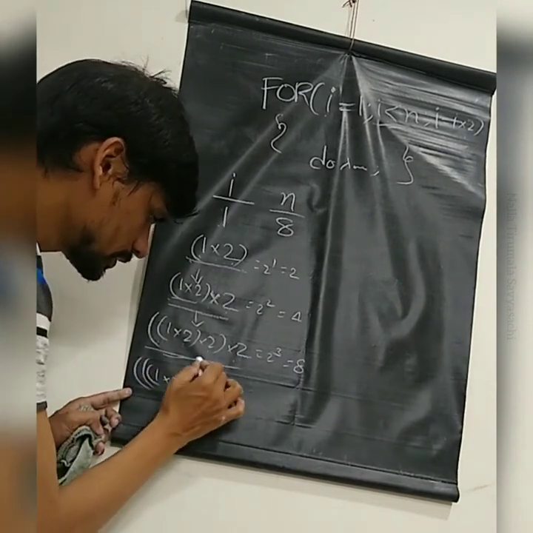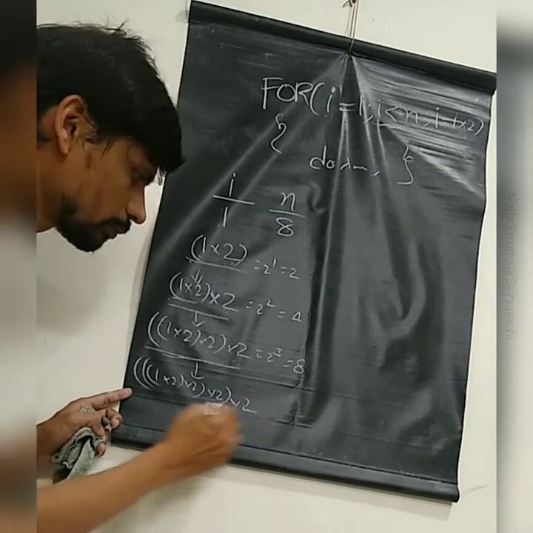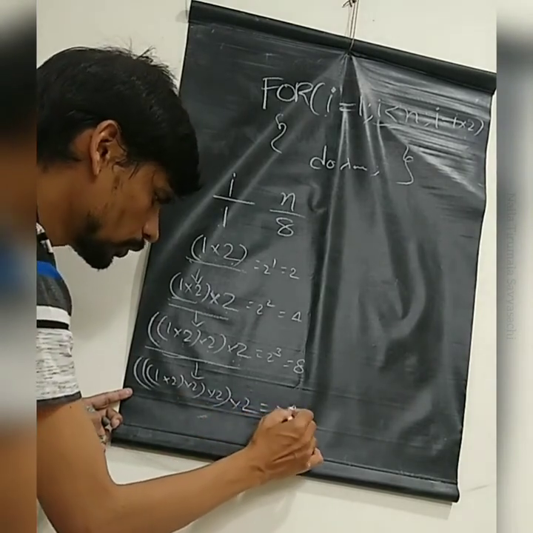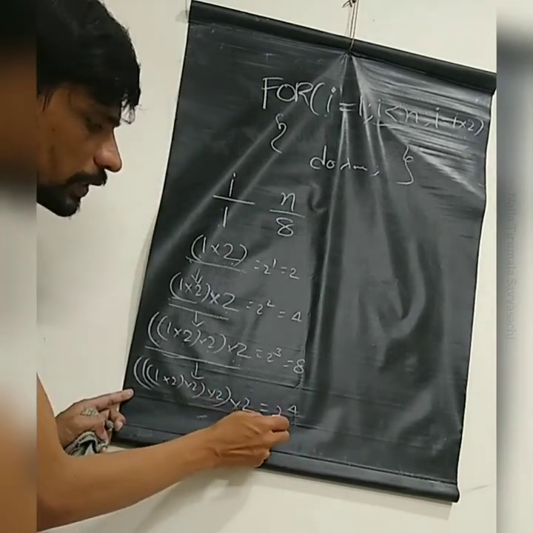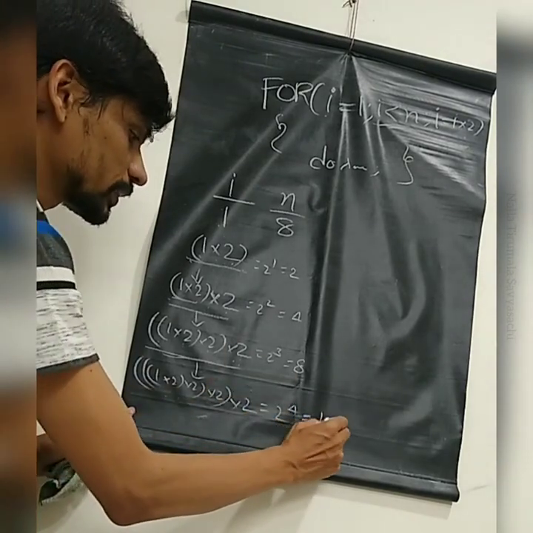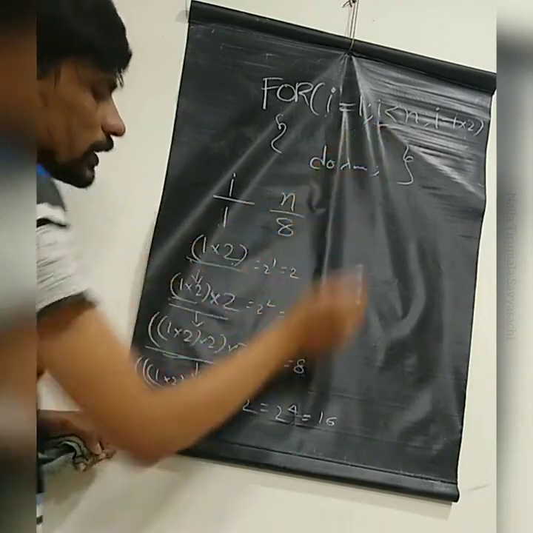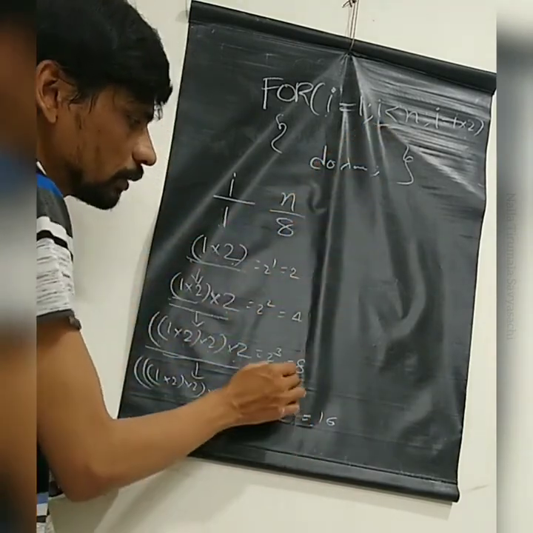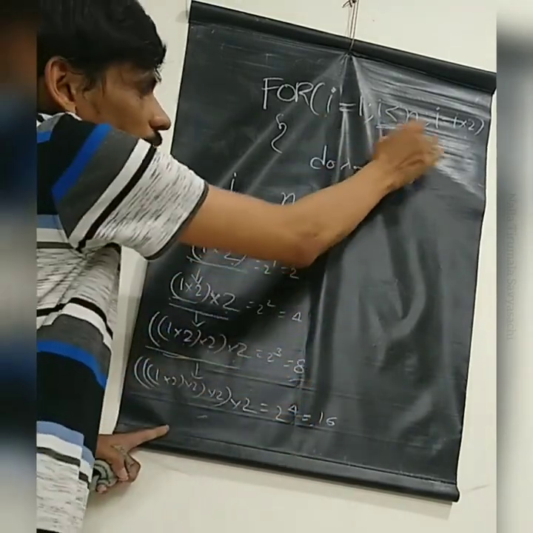Now this entire piece is multiplied with 2 again, so we are multiplying by 2 that many times, and when this comes, my condition will fail, right?